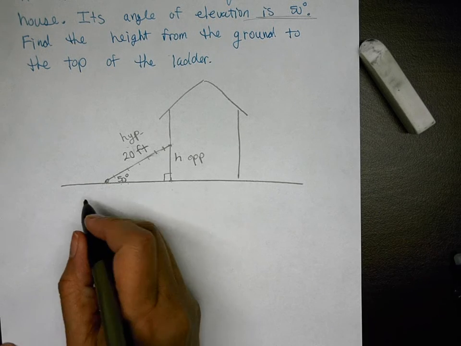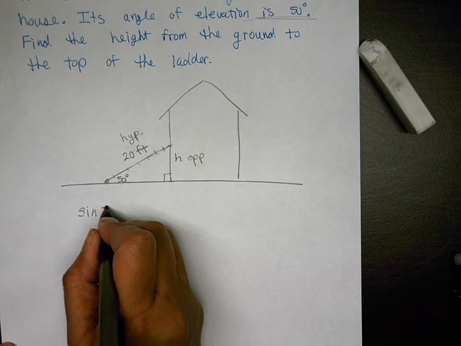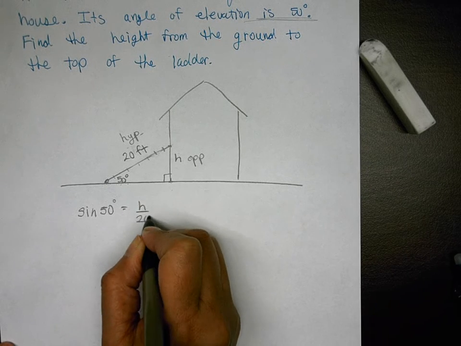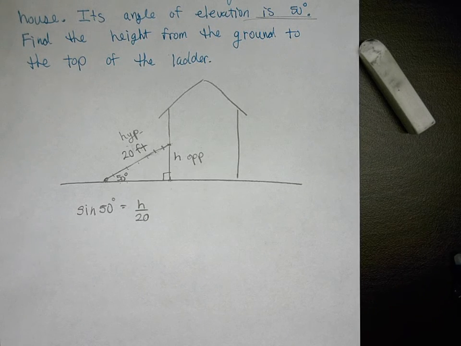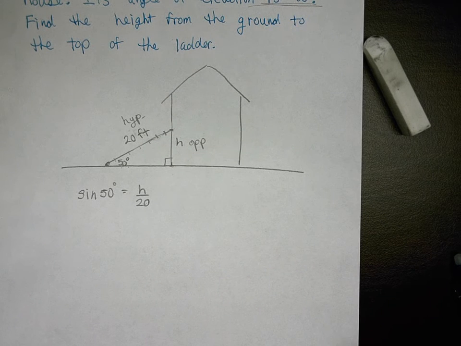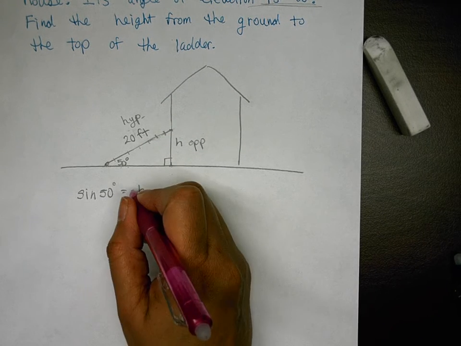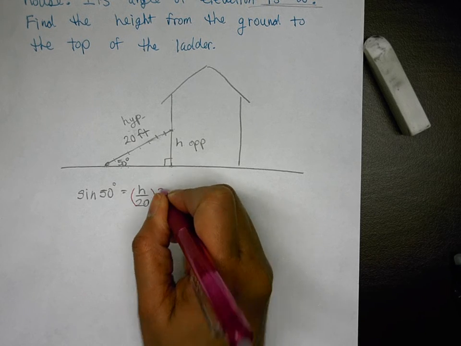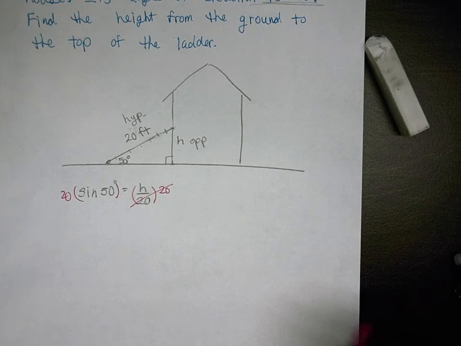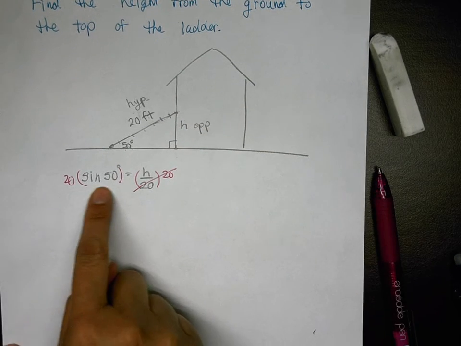Sine of, always an angle, so sine of 50 degrees equals h over 20. Is this one where I'm going to use the inverse key or multiply both sides by 20? Multiply by 20. Gone.